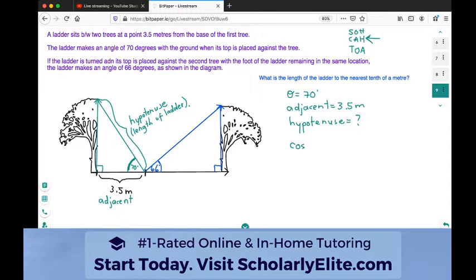I've got cosine of theta is equal to adjacent over hypotenuse. And I'm going to take the information that I have and plug that in. So it's just going to be cos of 70 degrees is equal to 3.5 over the hypotenuse. And instead of writing hypotenuse, I'm just going to call this x, because that's an unknown variable that we're solving for.